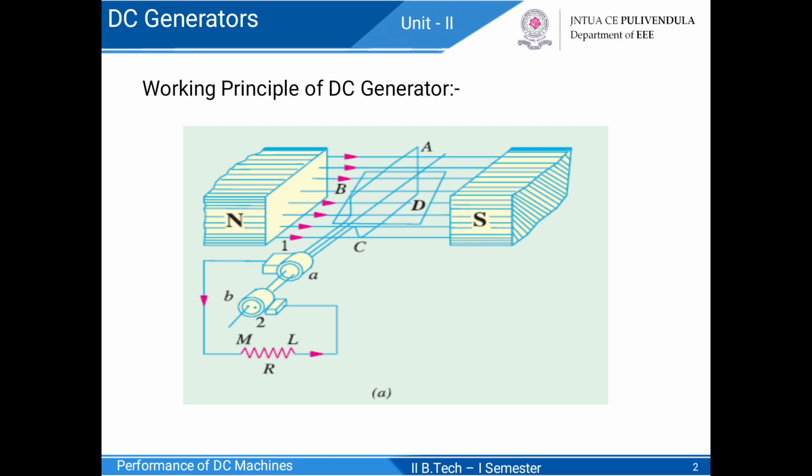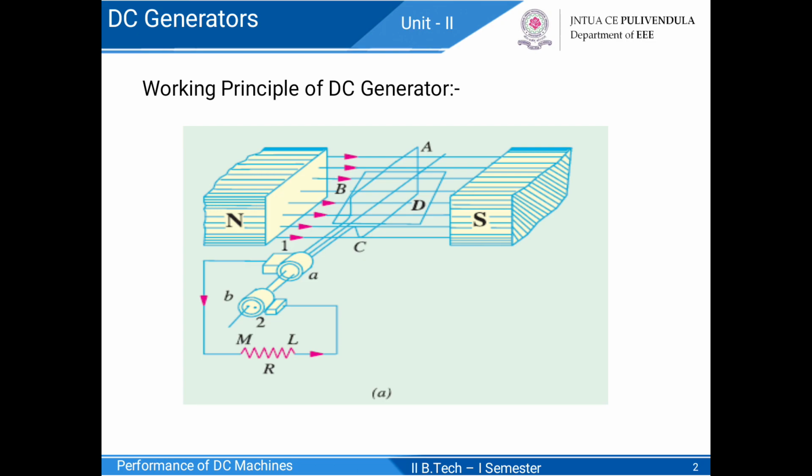This EMF causes a current to flow if the conductor circuit is closed. To produce an EMF, we require two essential parts of an electrical generator. One is a magnetic field, and another is a conductor or conductors which can move so as to cut the flux.